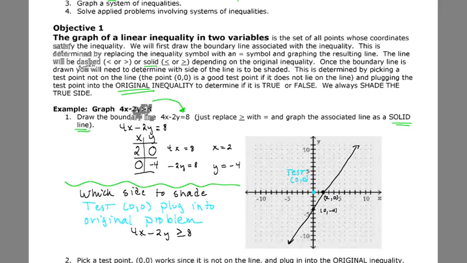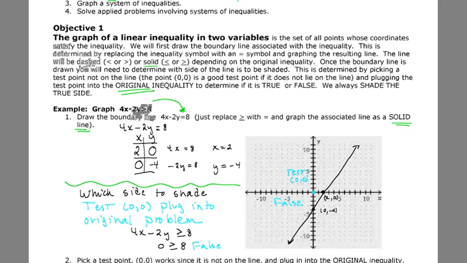So put a 0 for x and a 0 for y, and I'll end up with 0 is greater than or equal to 8, doing the arithmetic. Now I have to look at that inequality and decide, is that result true or false? Is 0 greater than or equal to 8? And it's not.